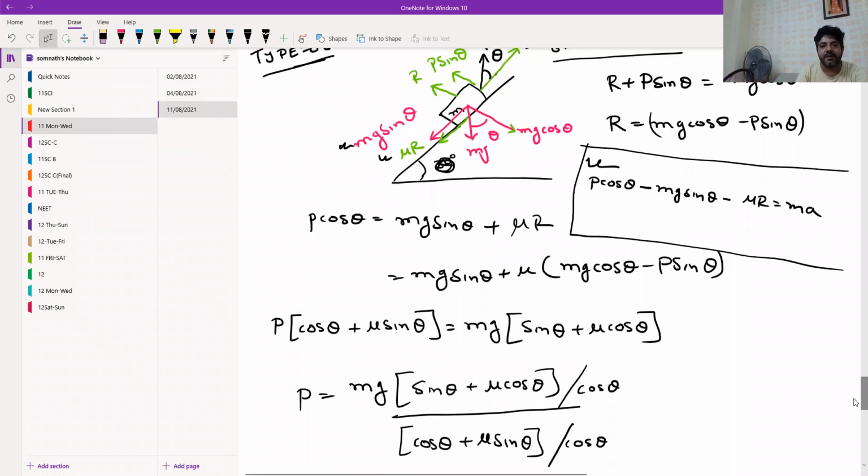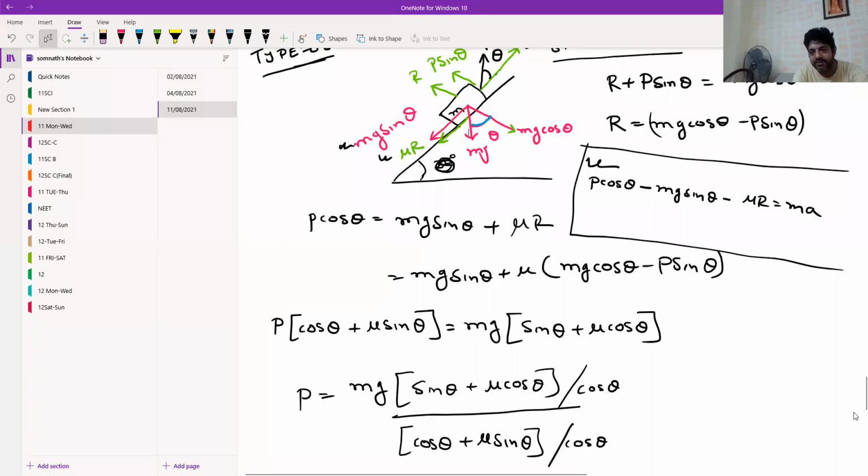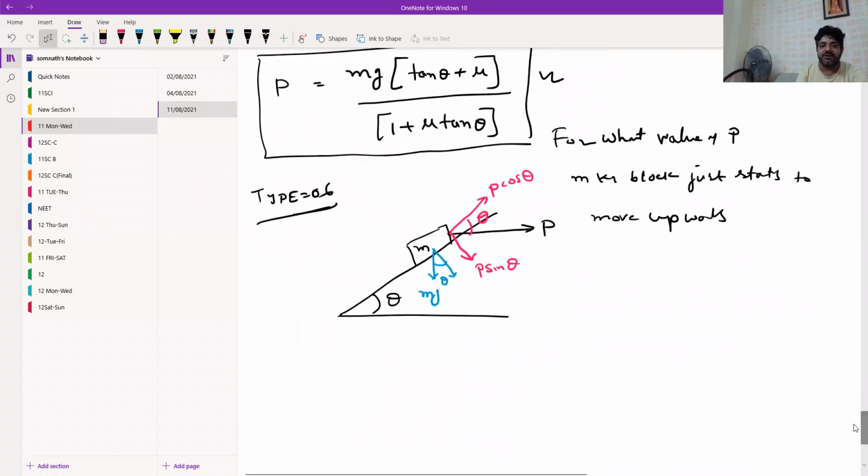Whenever it's on an inclined plane, mg is divided in two parts. One is mg cos theta, another one is mg sin theta.